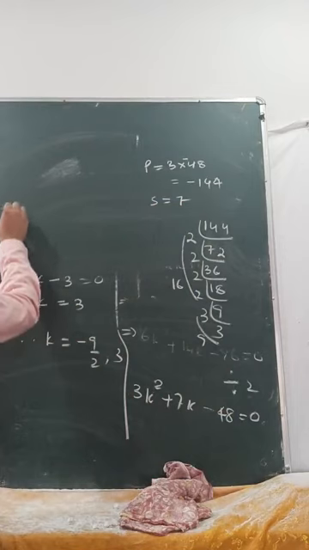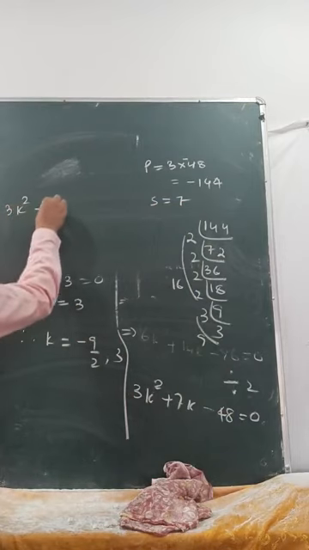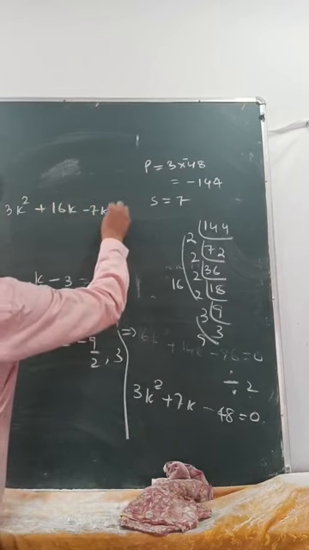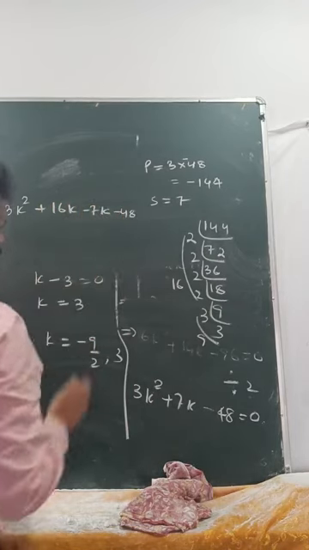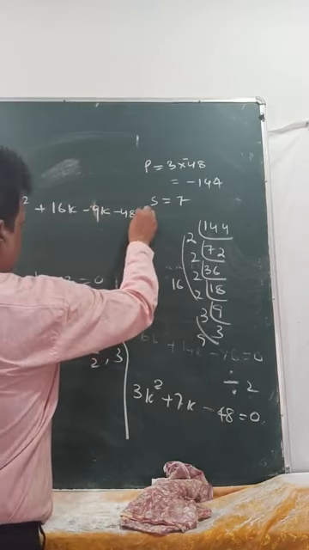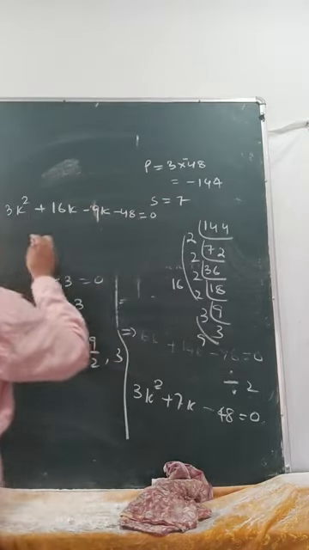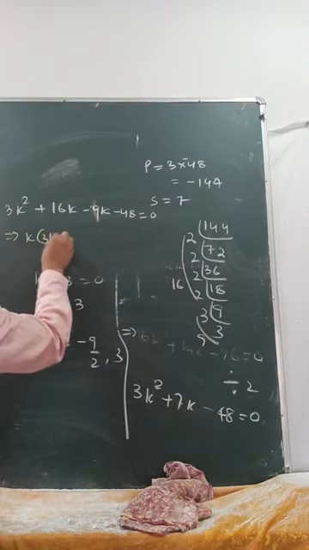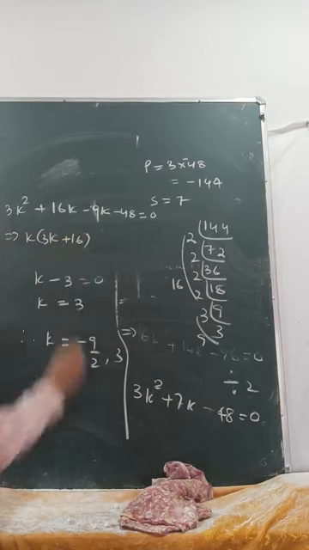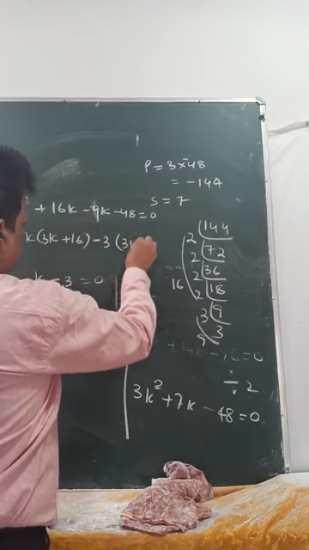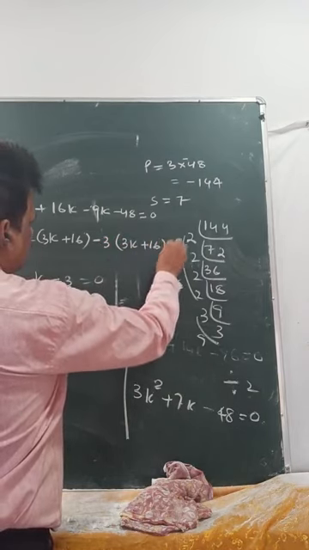3k square plus 16k minus 9k minus 48 equals 0. Implies k common: k into 3k plus 16, minus 3 common, 3k plus 16 equals 0.